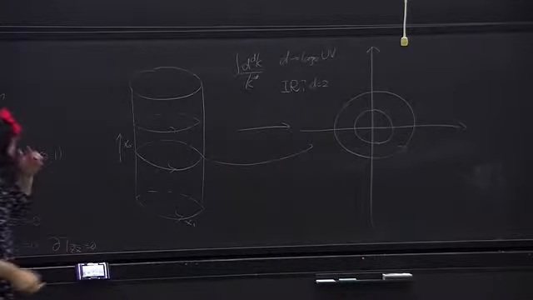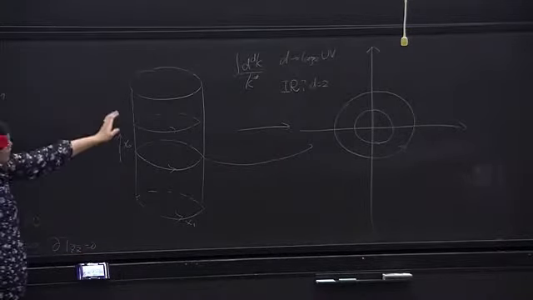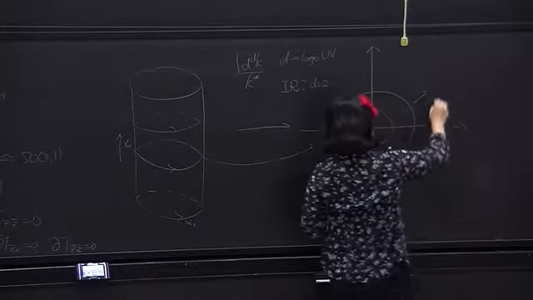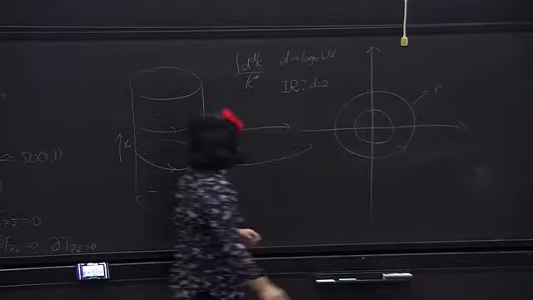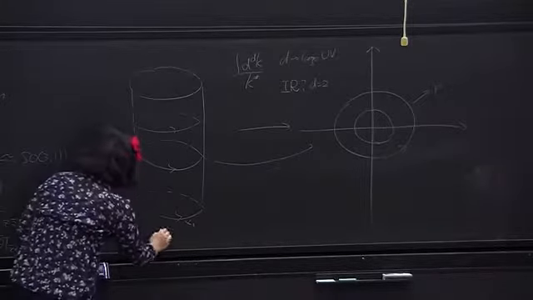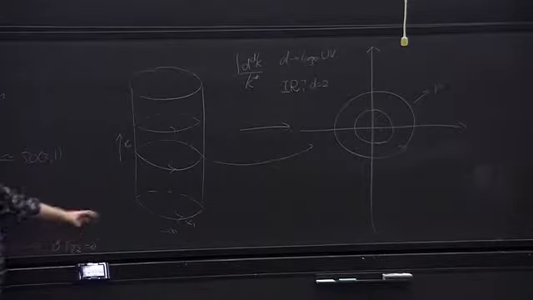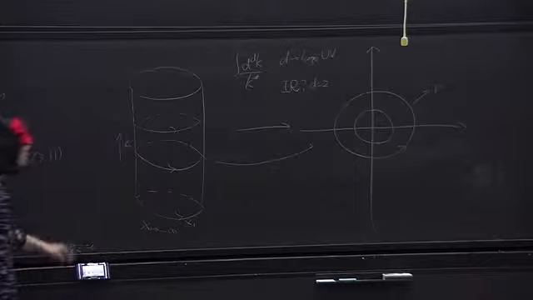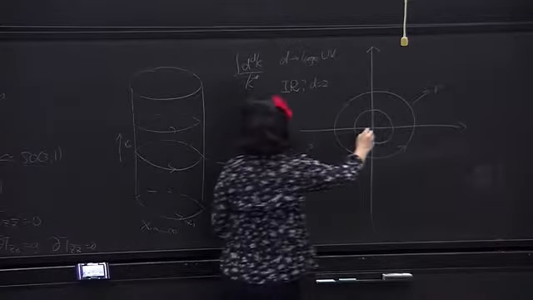And what you realize is, this is called time on the cylinder. On the complex plane, this is called the radial direction. And furthermore, one important fact that will be important next lecture is that you manage to map minus infinity, the infinite past, into the origin.